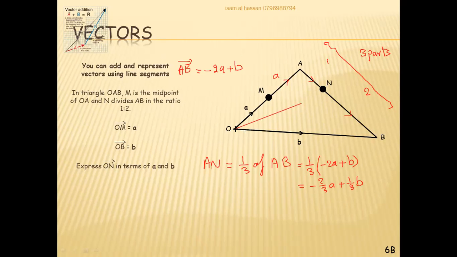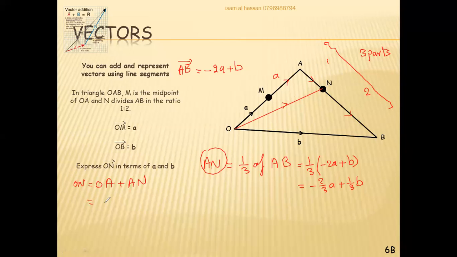So now finding ON. Find ON means that we have AN already found. That's yours. So ON is equal to OA plus AN.